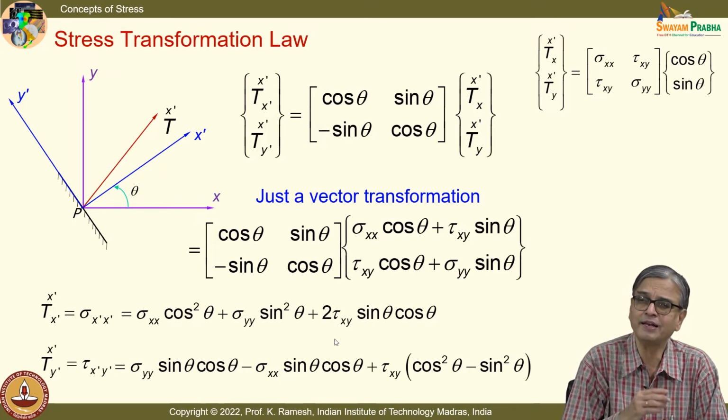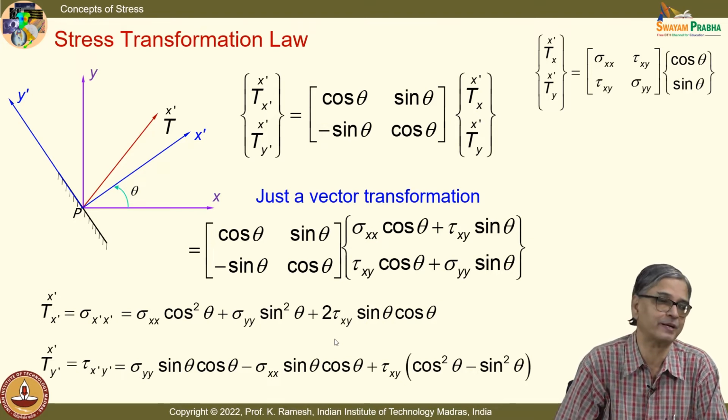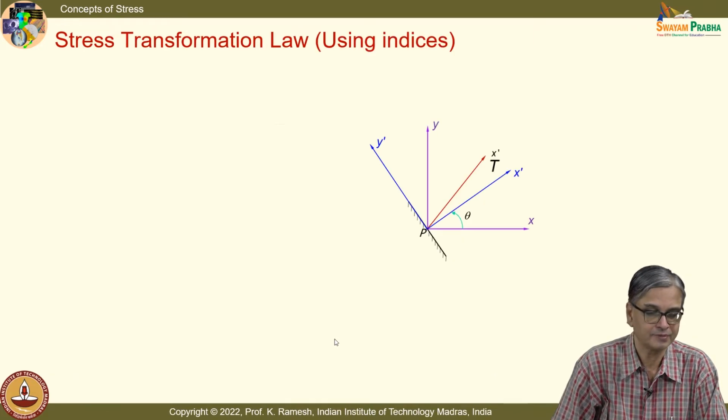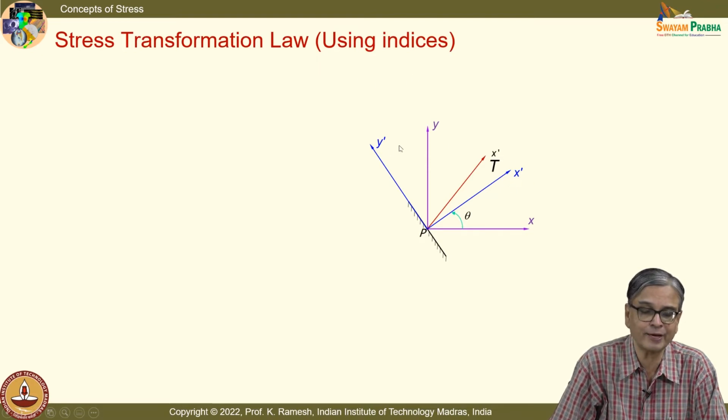So now we will look at it from a different perspective. You need to know and master this aspect also. What I am going to do is directly write the stress components in the reference axes x prime y prime using indices. And what is given to you with respect to the xy reference?